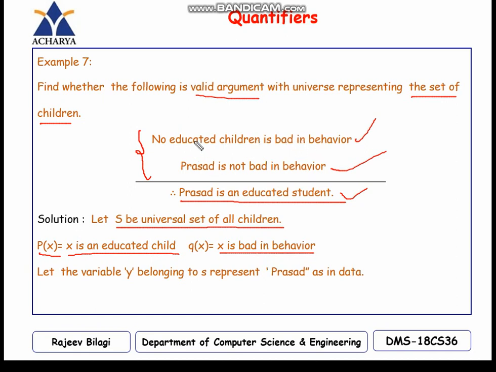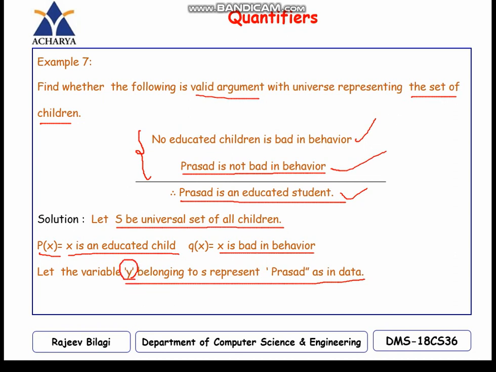Now when I take a child, it is x, but here a specific name is taken, so Prasad is not bad in behavior, and I can write it using another variable, say y.